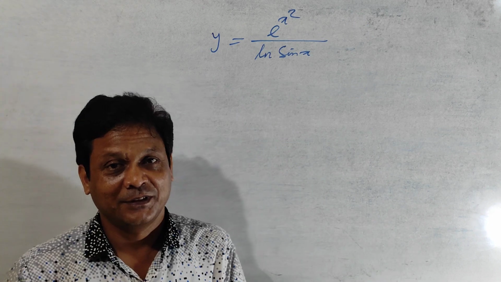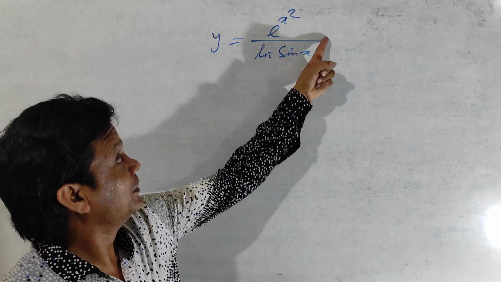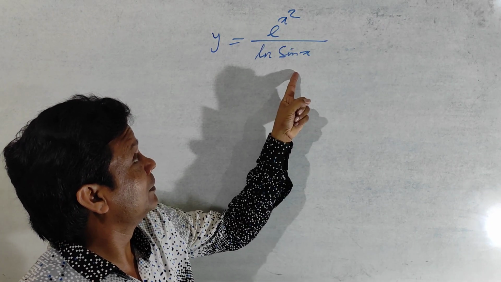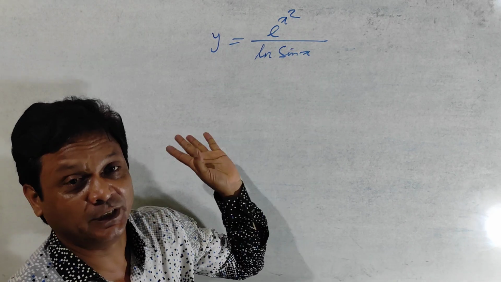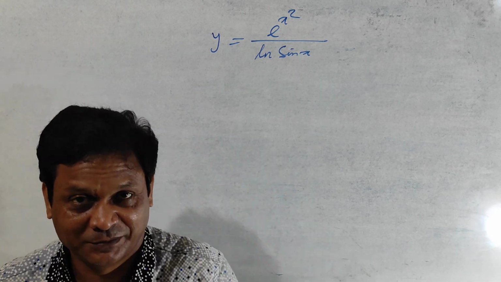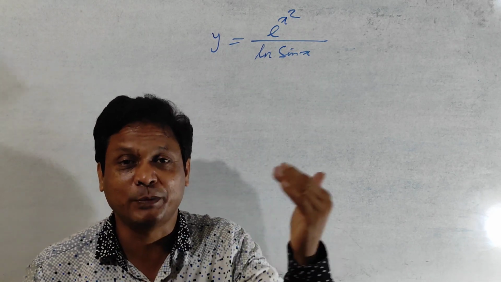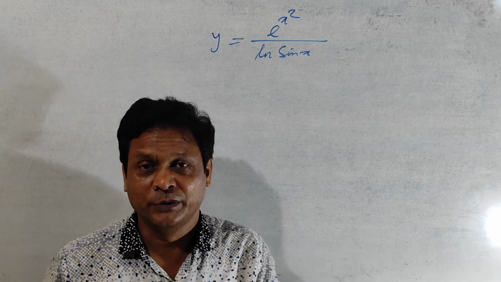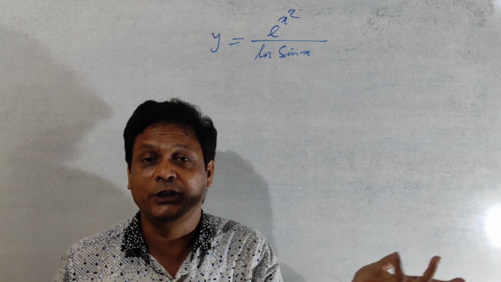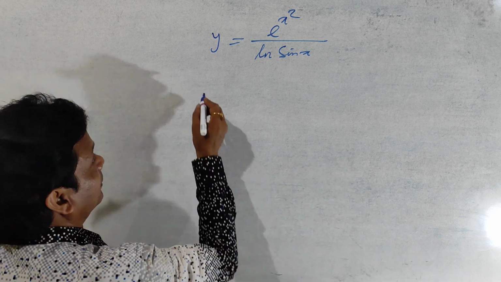Clear? See here. This seems very complicated. This is ln u, this is e to the u, and finally it is in the form of u by v. So first of all you have to apply the u by v rule, and the derivative of u by v is v into the derivative of u minus u into the derivative of v, whole divided by v square. Clear?